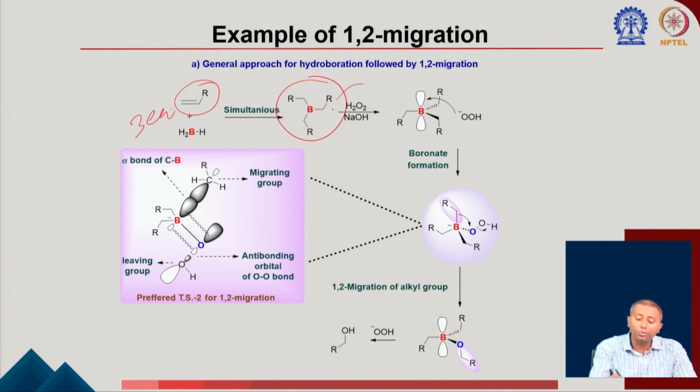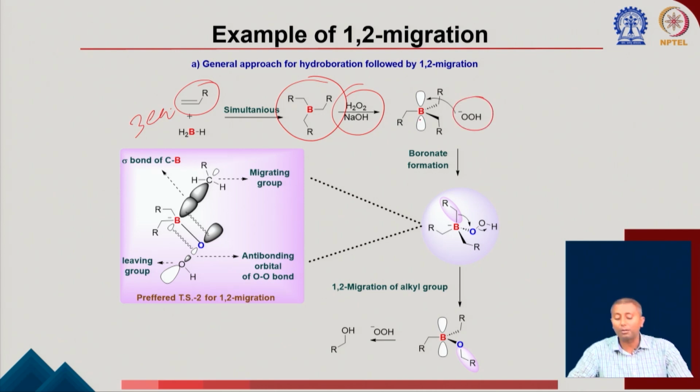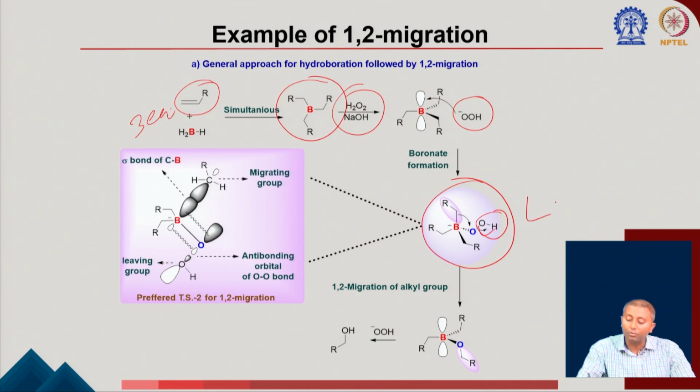Once you treat it with H2O2 and NaOH, you generate the hydroperoxide anion, which attacks the empty orbital of the boron to form the boronate complex. Once this boronate complex is formed, the R group migrates from boron to oxygen because the OH acts as a leaving group.